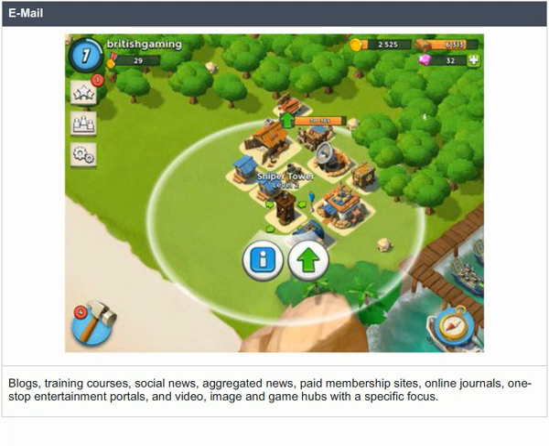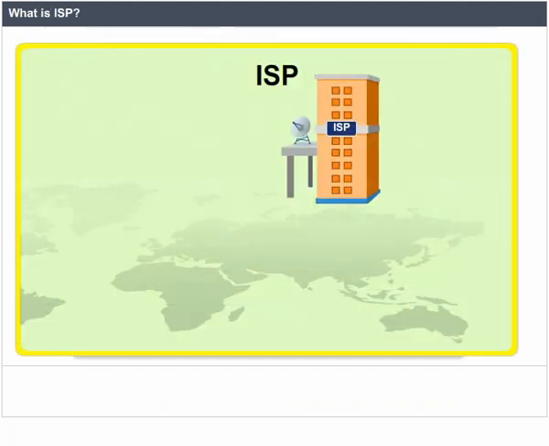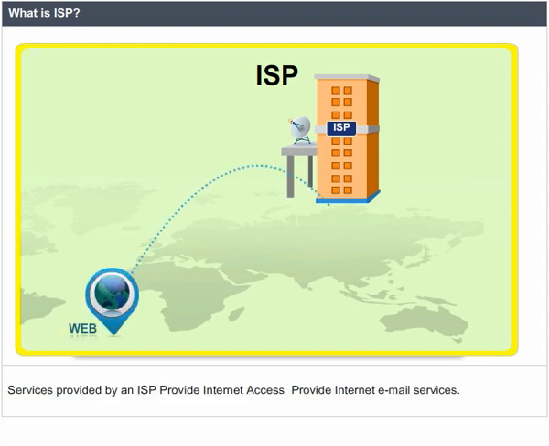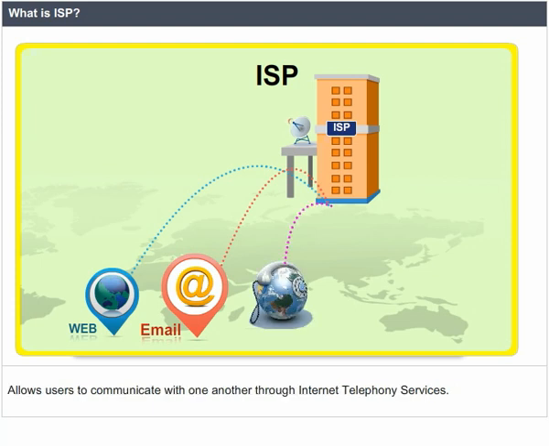What is ISP? An Internet Service Provider, ISP, or an Internet Access Provider, IAP, primarily offers its customers access to the Internet. Services provided by an ISP include Internet access, Internet email services allowing users to communicate with one another, and Internet telephony services.